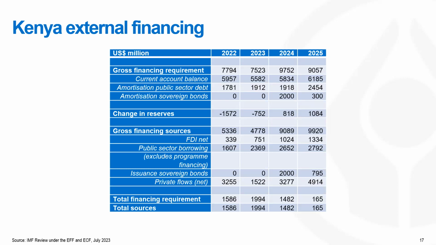So if you look at the funding sources as well, FDI, you can probably have a reasonable idea of what that would be, but you're still assuming a significant pickup there. And then planned public sector borrowing and issuance of sovereign bonds is added. But very importantly, look at the significant pickup again assumed next year and in 2025 in private capital net inflows.